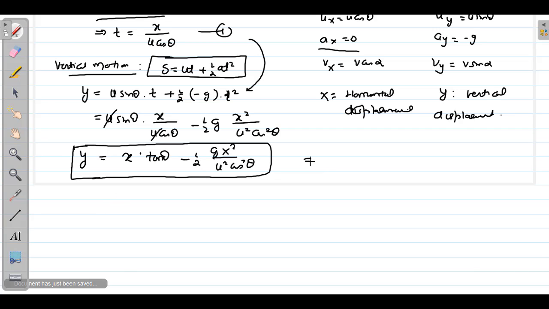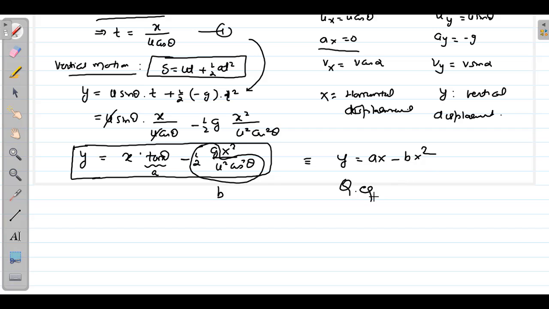And this equation is equivalent to y equal to ax minus bx square. This is say a, and this term is b. Then we can write y equal to ax minus bx square because it is a quadratic equation and the shape of the quadratic equation is a parabola like this.